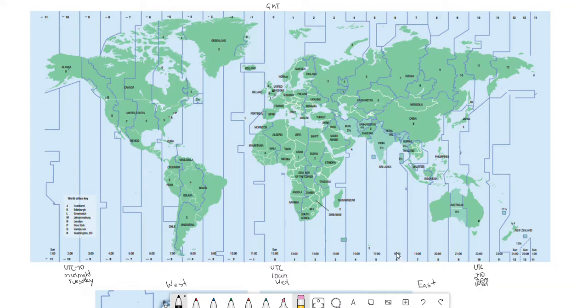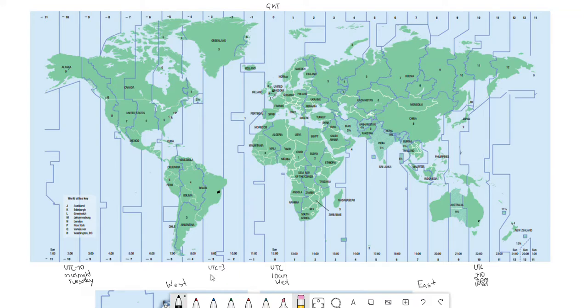Okay, gets a little bit confusing if I said, well, if I was in Brazil, let's say right here in Brazil, I don't know where that part is in Brazil, but it's a town in Brazil, and that is UTC minus 3.